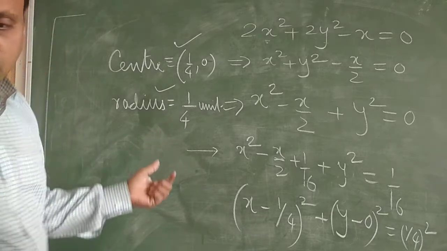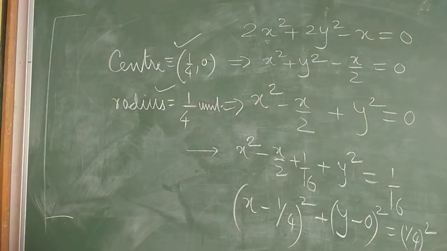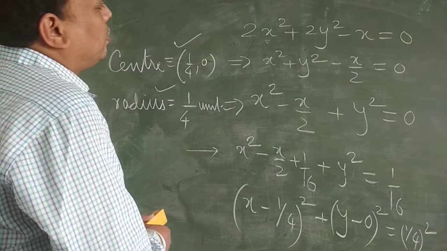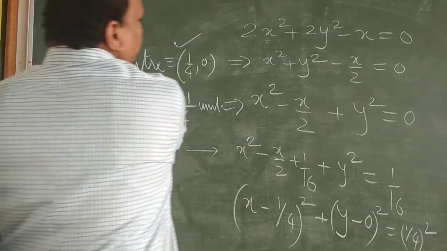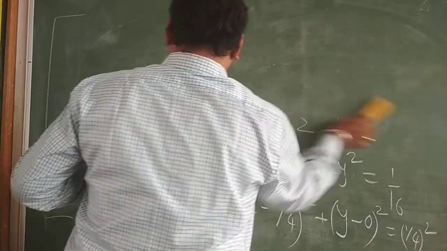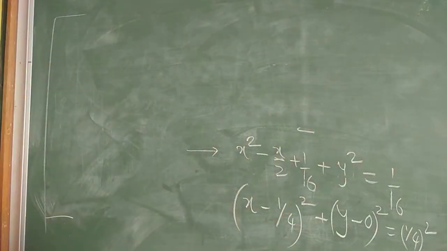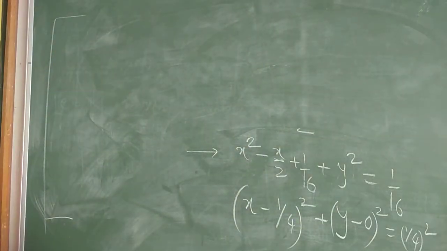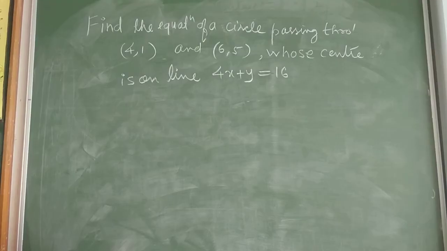There are so many questions, like one such question you write down: find the equation of a circle passing through points 4, 1 and 6, 5 and whose center is on the line 4x plus y equals 16. Okay, we'll solve this question.